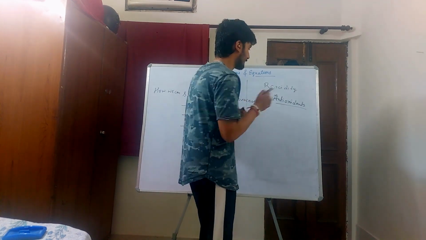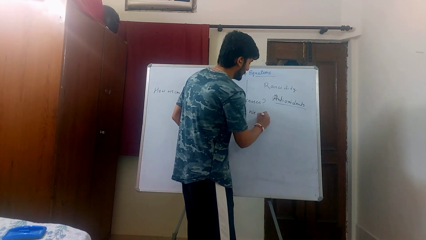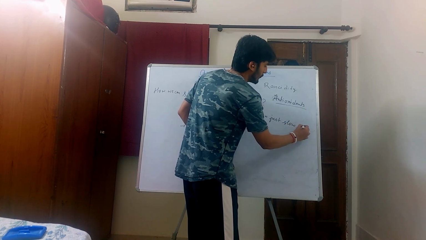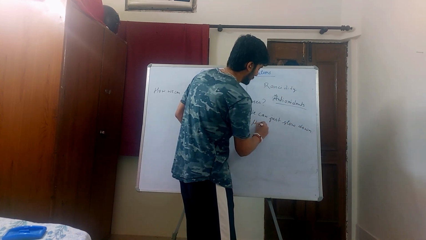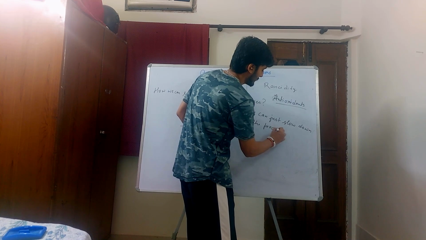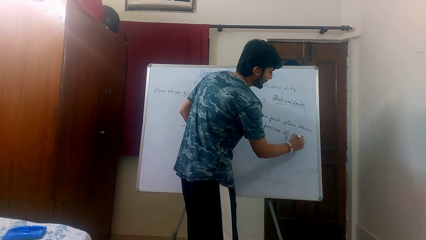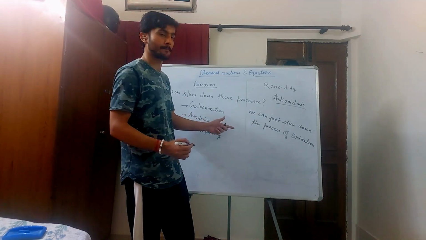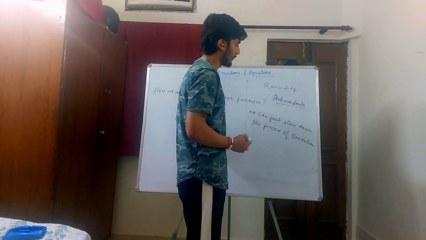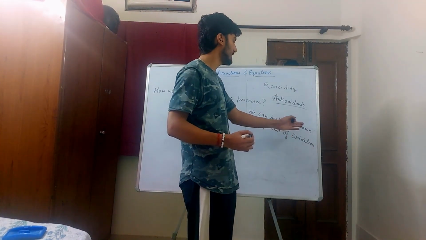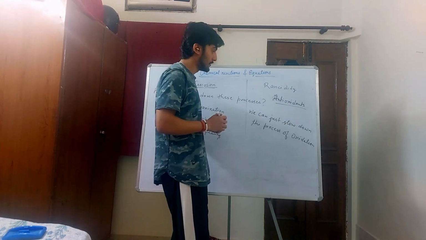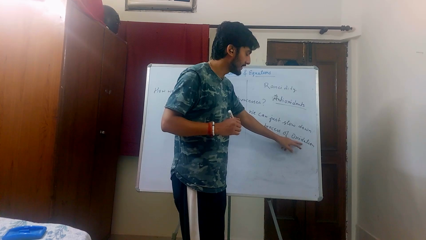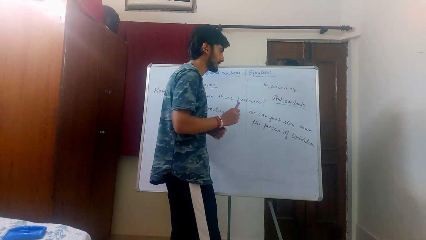We can just slow down the process of oxidation. So this is valid for both of them. Okay. Here we have antioxidants, which slow down the process of oxidation. So substances which slows down the process of oxidation are antioxidants.